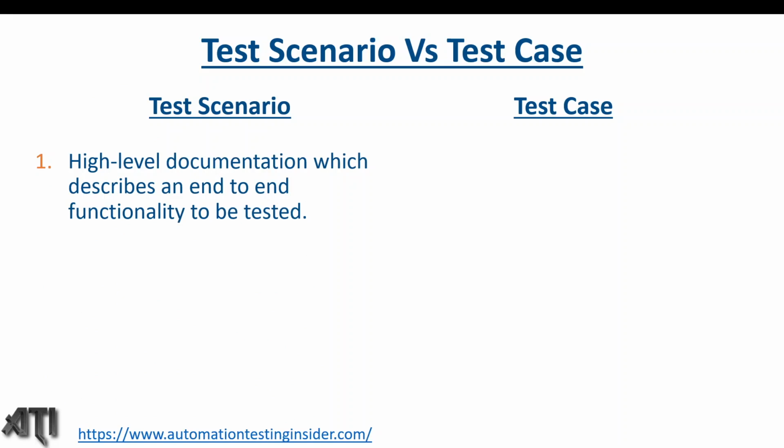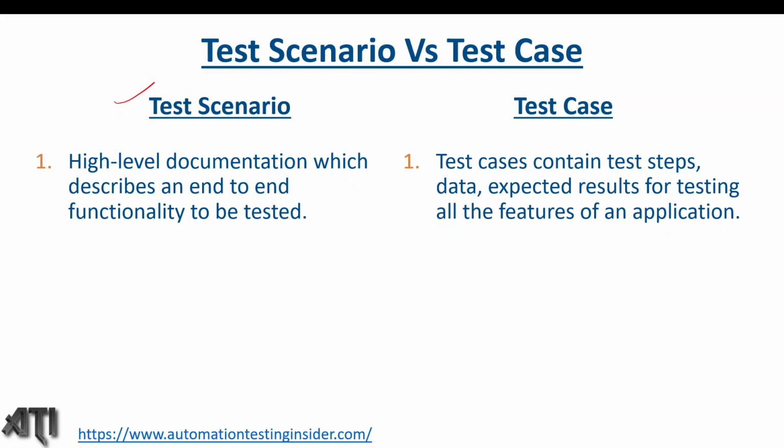This is high level documentation. A test scenario describes an end-to-end functionality to be tested, whereas a test case contains test steps, data, and expected results for testing all the features of an application.